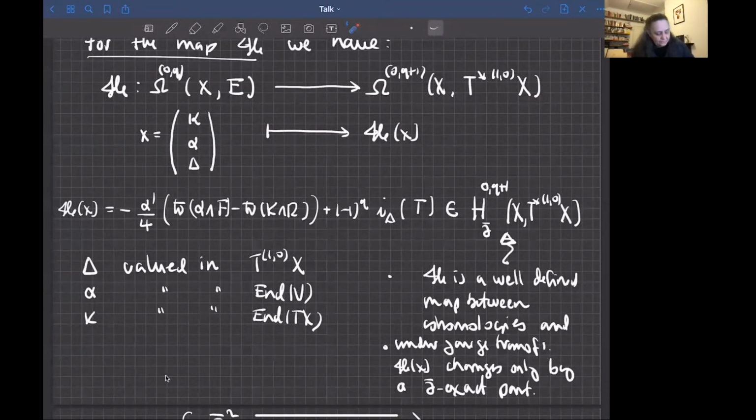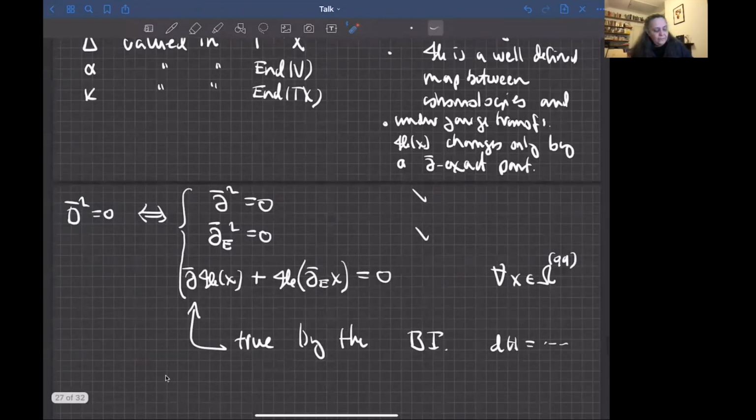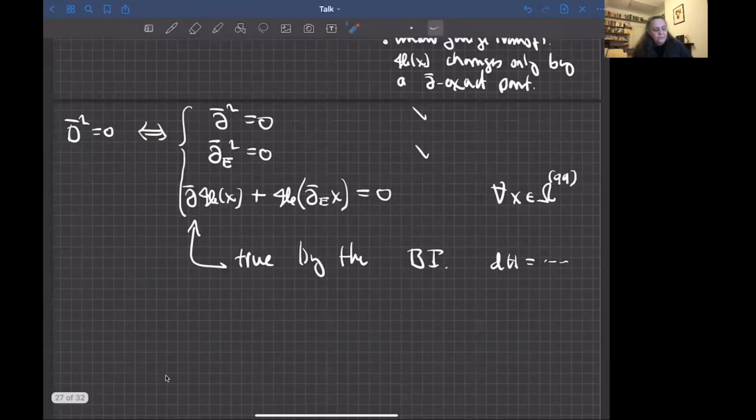Now if you square the operator, what you find is that it does square to zero. It gives you the whole Strominger system, at least for the bundles, we have already seen that, but it also gives you this extra constraint here. But this one is true by the Bianchi identity of the anomaly cancellation condition. So it all works out.